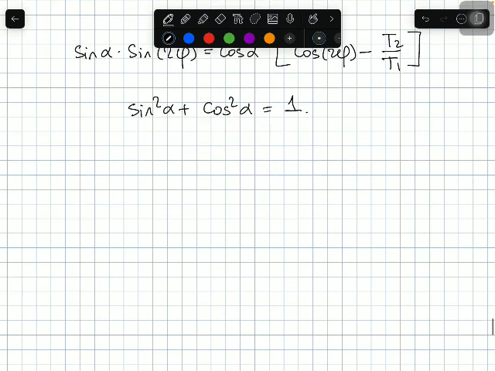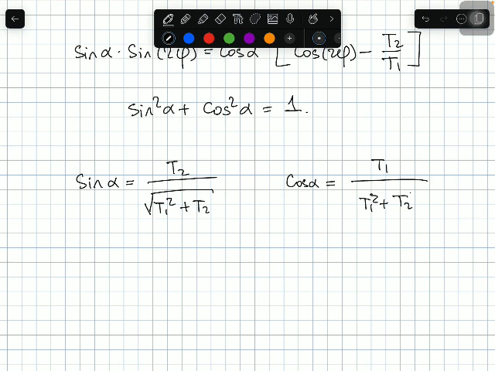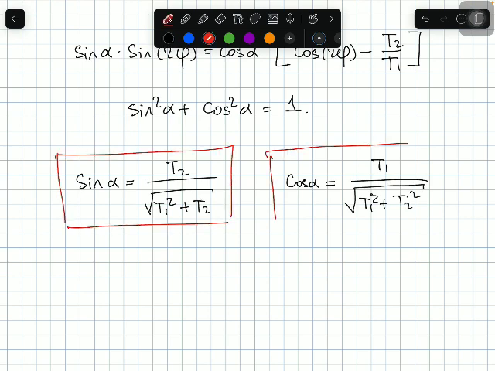If you carefully do the calculation, you should be able to find that sine alpha equals t2 over the square root of t1 squared plus t2 squared, and cosine alpha equals t1 over the square root of t1 squared plus t2 squared. And these two relations are also going to be useful to us.